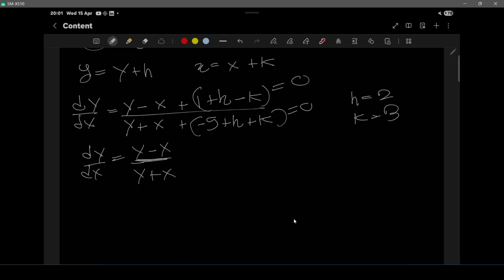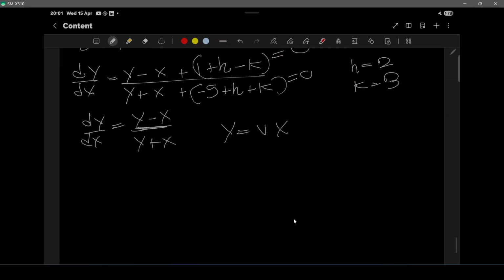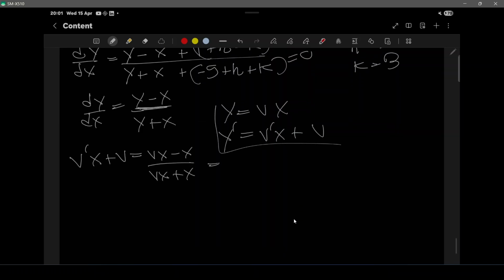What we are going to do next is some substitution. y is equal to vx. So y dash is equal to v dash x plus v. So v dash x plus v is equal to, I replace y with vx, vx minus x over vx plus x. So all the x's are cancelling out. We have v minus 1 over v plus 1.